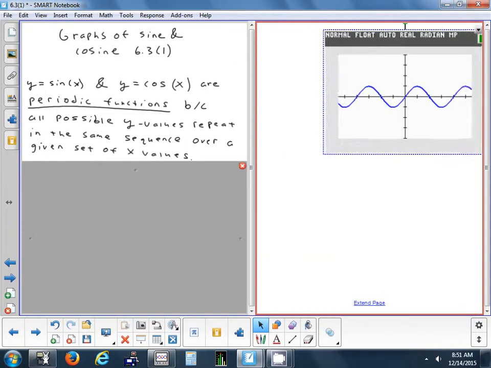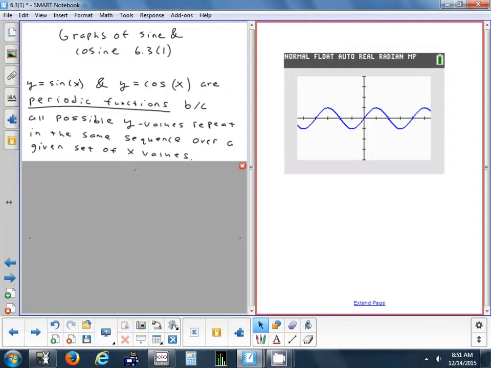All right, so let's see how that ties into the definition. It says the y values repeat themselves over a given set of x values. Let me just trace this part right here. That part that I just traced in red, I just want to move it down. What I did is I traced every possible y value you're going to get.